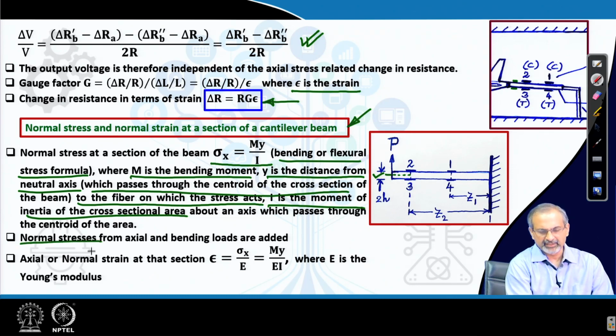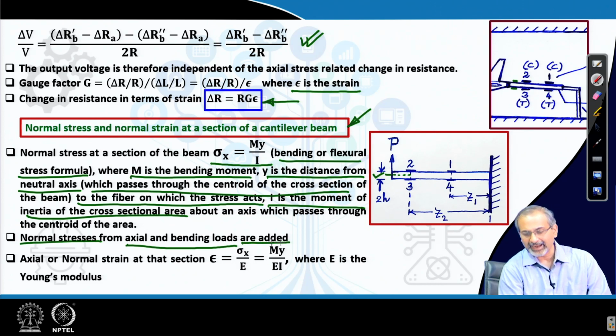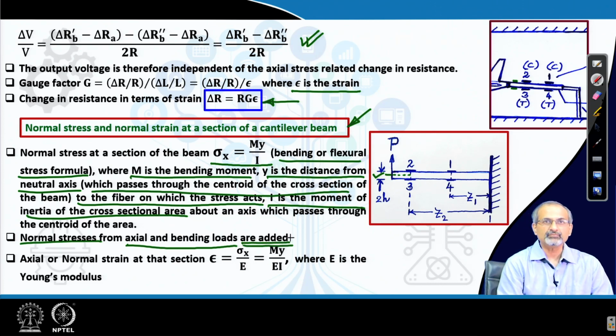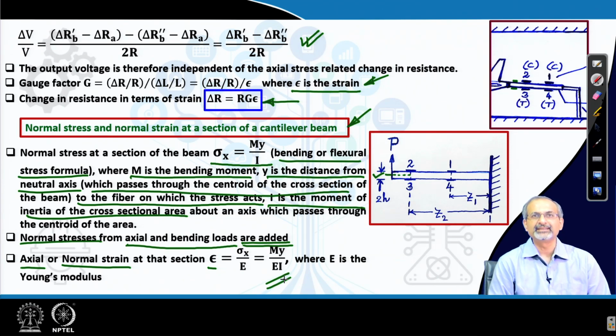And a very important idea is that normal stresses from axial and bending loads will be added together. Consequently, the axial or normal strain at that section, epsilon, which we already talked about, will be represented as sigma x by E, E being the Young's modulus, and therefore, the epsilon expression comes out to be My by E I, which we need to remember.